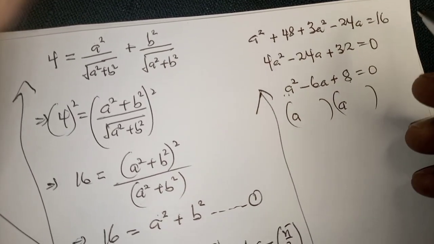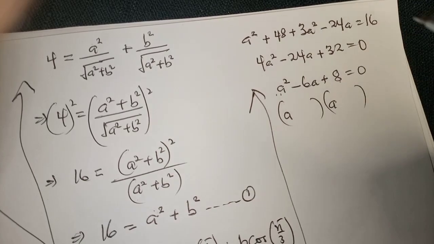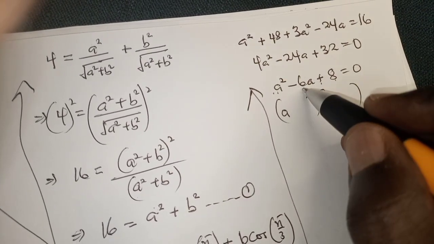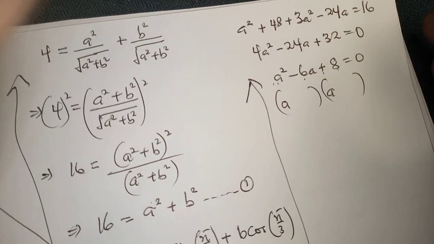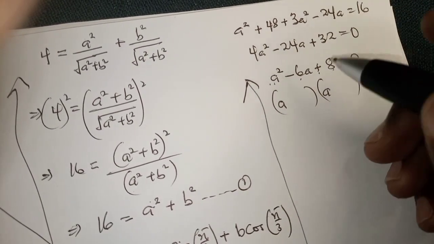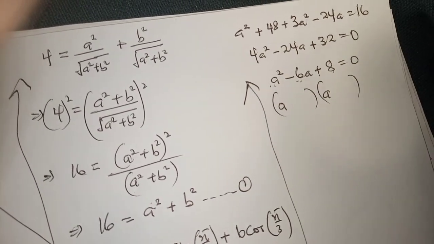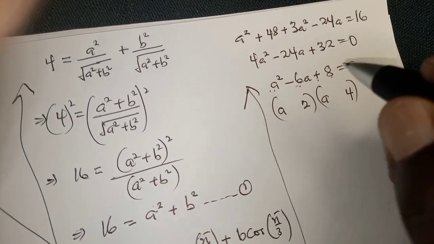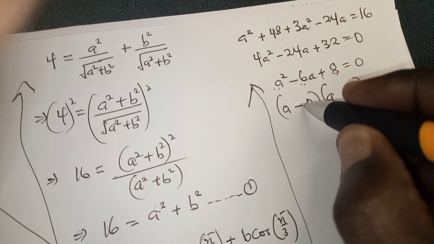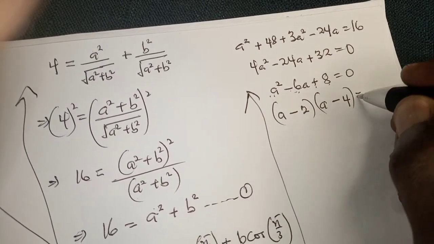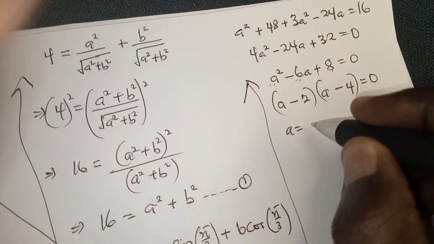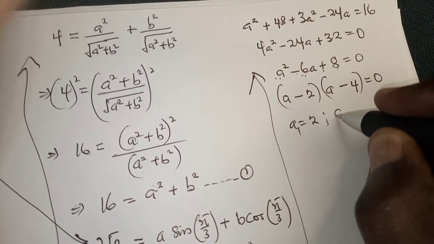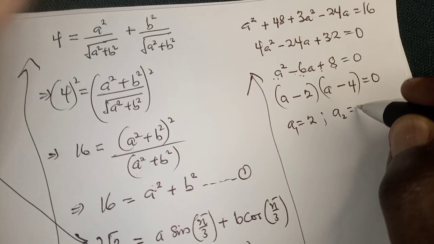So you look for pair factors of 8 that when you add, you get 6, and that is 2 and 4. It's minus, so you have a minus 2 times a minus 4 equals 0. So a1 equals 2, and a2 equals 4.